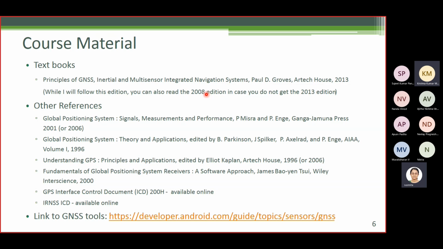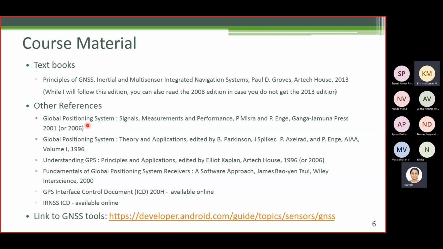That is not possible, but most of the things that I will talk about in this class can be found in this book. But it's quite a detailed book. People in the navigation community prefer this book because it has all the things in one place. But for a beginner, it may be a little difficult to get started with unless you attend the class lectures.